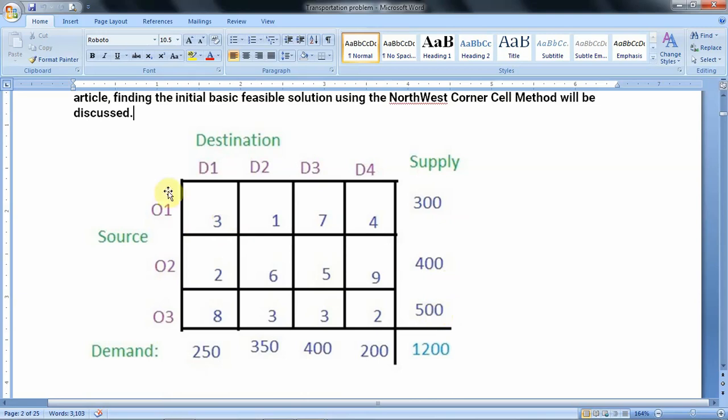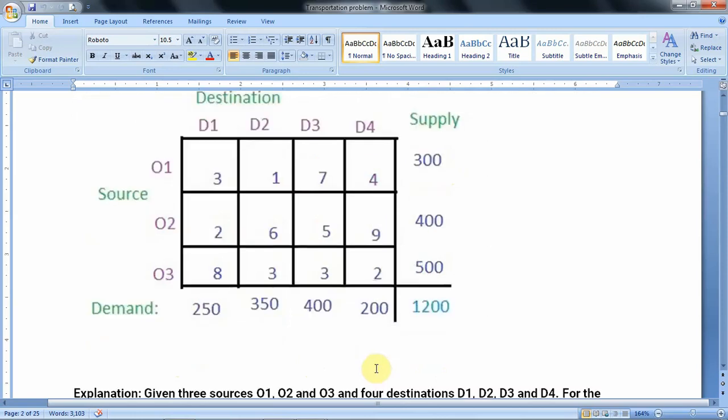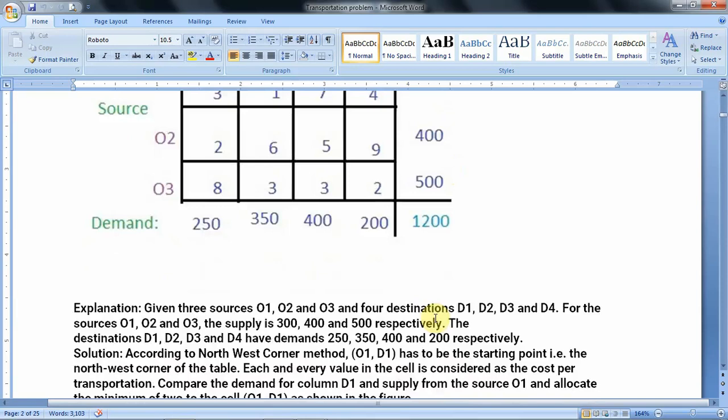Next, demand units are 250 in the first column, 350 in the second column, 400 in the third column and 200 in the last column D4. So the total supply is equal to 1200 and total demand is also 1200. So the given transportation problem is a balanced one. Now we go to solve.